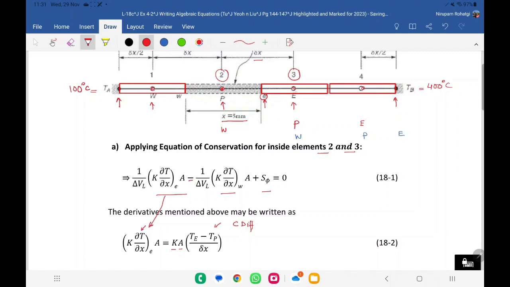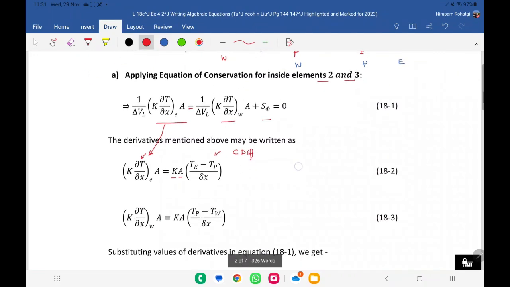So you take the right point E, left point P, divide by delta X. Earlier we had 2 delta X, but here it is half delta X on both sides. So it is basically twice into delta X by 2. For central difference, the division is by twice delta X, if you recall.